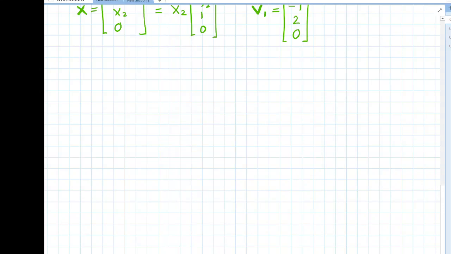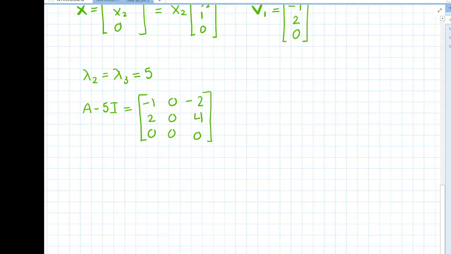Okay, so let's now work with our second eigenvalue. That's going to be our lambda 2 and our lambda 3. Those are both going to be the second eigenvalue, which was 5. So if we do A minus 5I, in this case we're going to get negative 1, 0, negative 2, 2, 0, 4, and then 0, 0, 0.